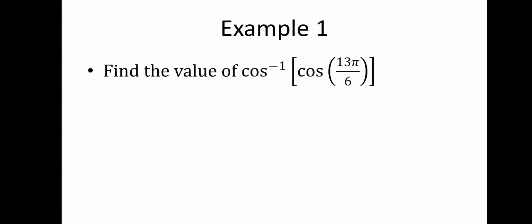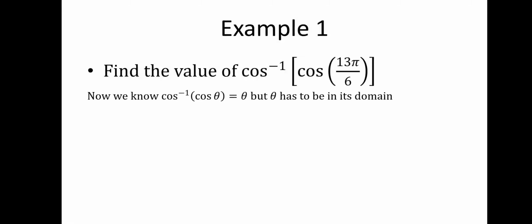Now 13 pi by 6 does not lie between 0 to pi, as I told you that cos inverse cos theta is equals to theta holds only when the theta is within its domain. If the theta is not within its domain, then I can't write cos inverse cos theta as theta. So now if theta is not within its domain, then I have to do something to bring it back to its domain, otherwise I won't be able to work.